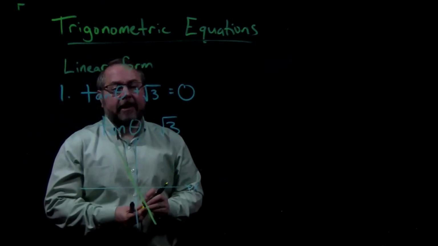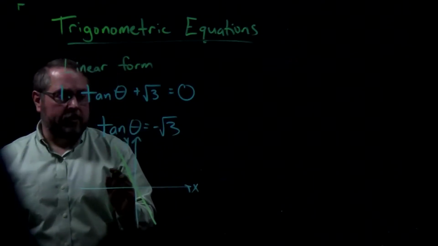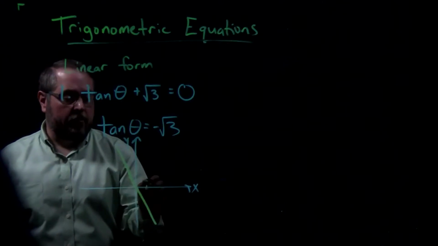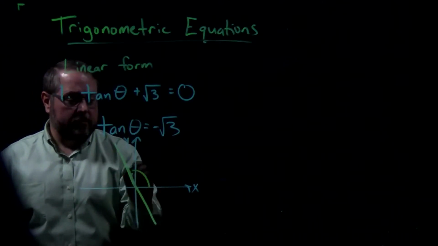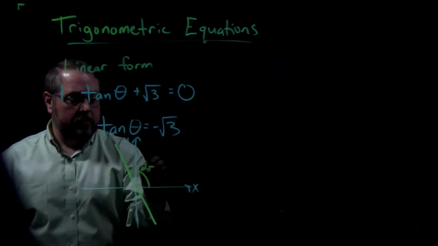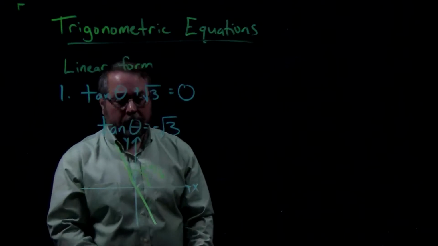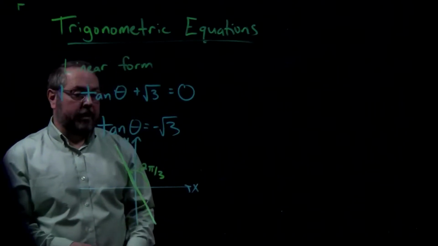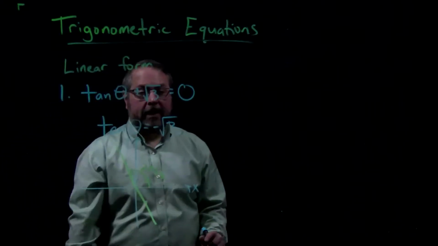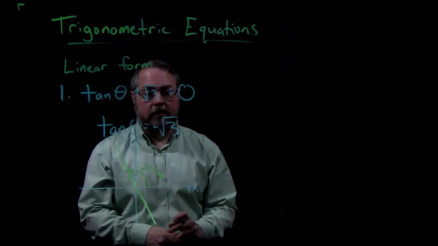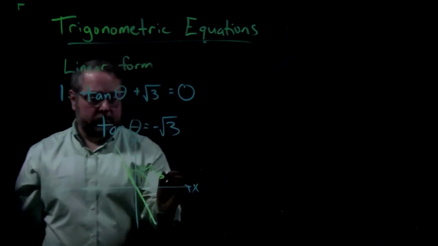Since the tangent is negative square root of 3, our reference angle has to be pi over 3. Okay, which means we can be coterminal with 2 pi over 3, since 2 pi over 3 has a tangent of negative square root of 3.